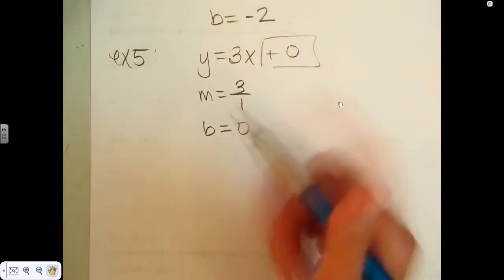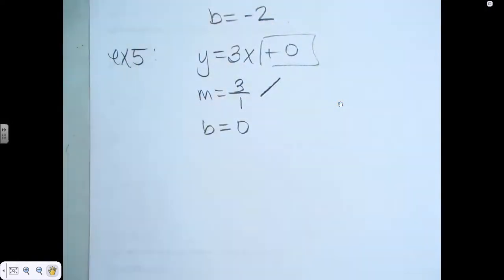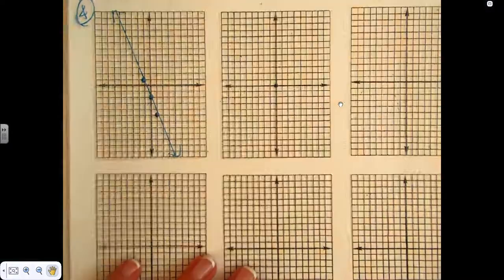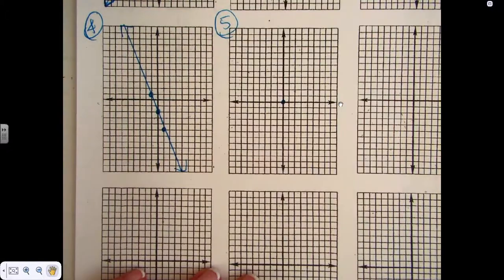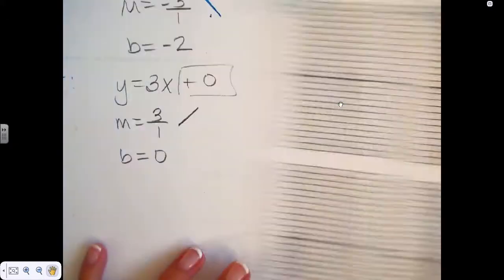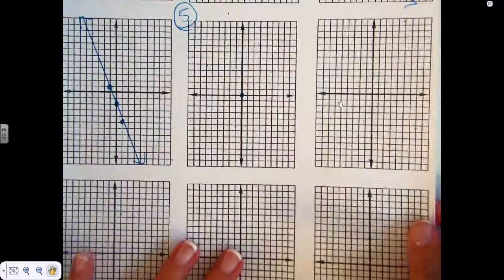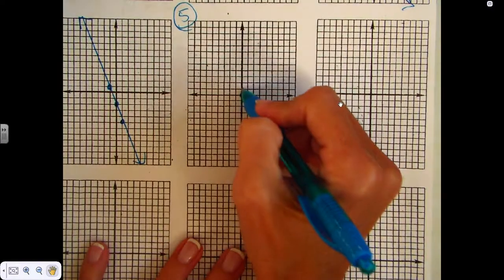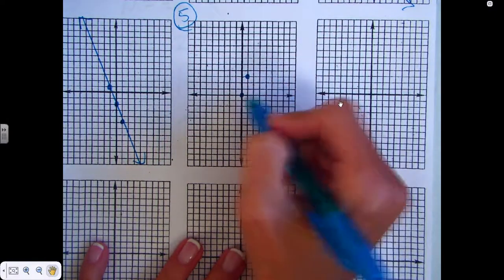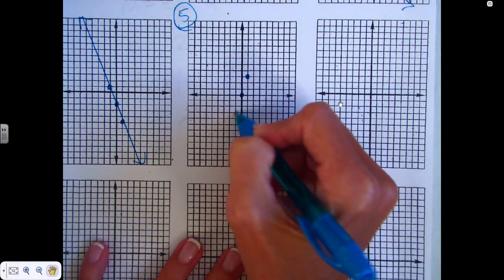So here, my slope is positive, so we know it goes in that direction. My y-intercept is 0, the origin. So this graph goes through the origin. And starting at the origin, my slope, again, I need to move my paper over, was 3 over 1. It's positive, so I go up 3, right 1. Up and right, the opposite is down and left.